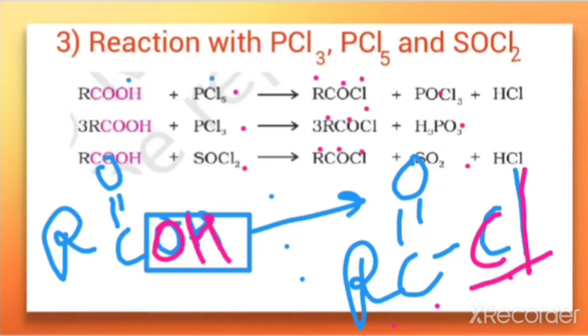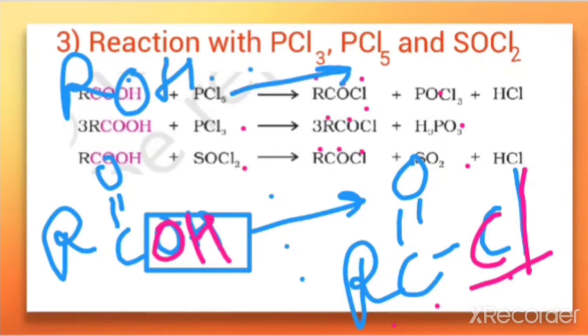products are different. This reaction we have already learnt in alcohols. The same thing we are doing here, because in alcohols the reaction is like this, ROH with PCl3, PCl5, SOCl2. In all these we are just removing the OH and keeping Cl.